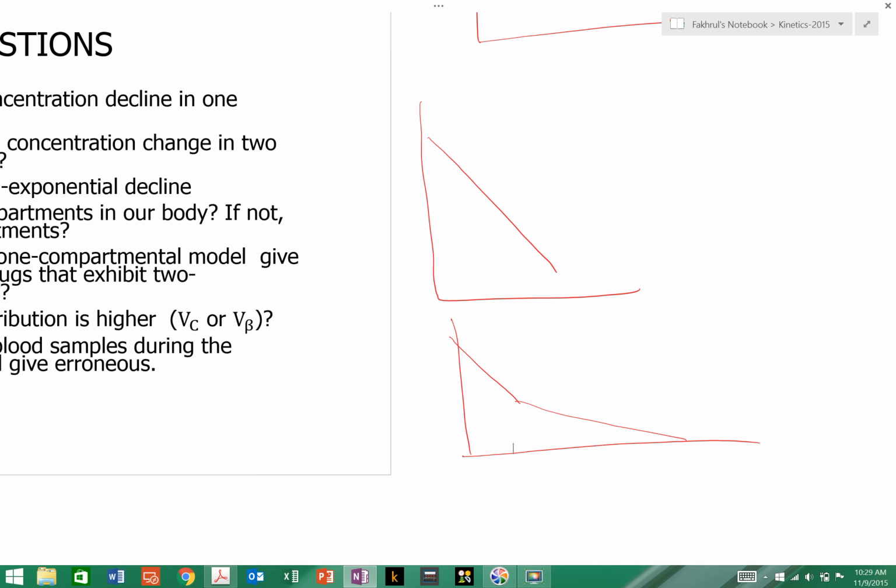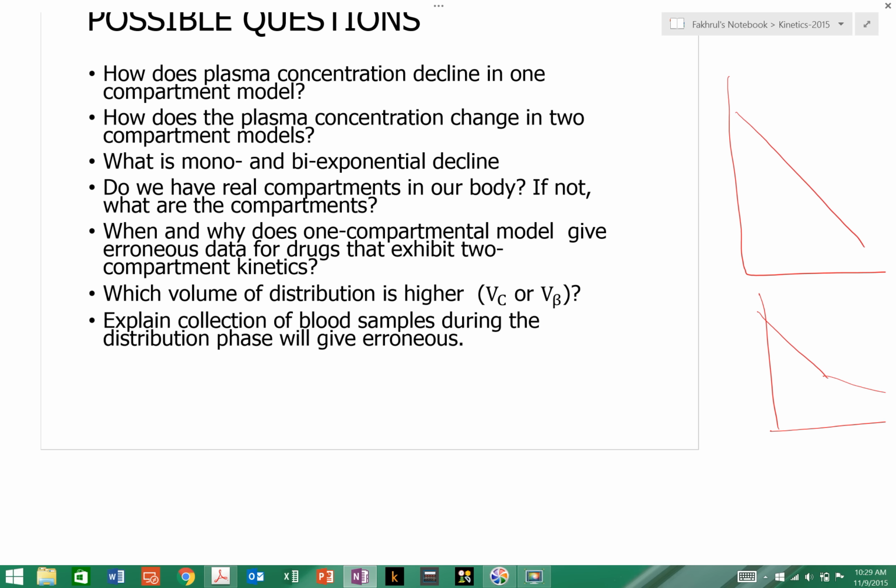This is mono and this is bi. Here you have one slope or rate constant, and then it changes to another rate constant. So this is biexponential. Do we have real compartments? If not, what are the compartments? We do not have real compartments. Compartments are just hypothetical, and we have two major compartments: the plasma compartment and the tissue compartment.